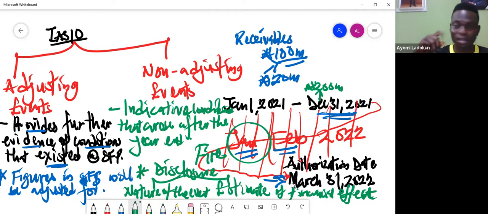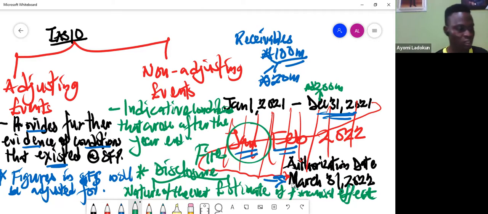IAS 10: there are events, both favorable and unfavorable, that occur between the end of the reporting date and the date financial statements are authorized for issue. And we have two types of events, adjusting events and non-adjusting events. Adjusting events provide further evidence of conditions that existed at the balance sheet date.